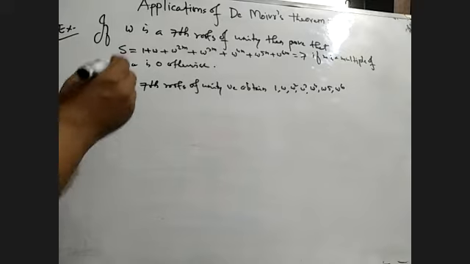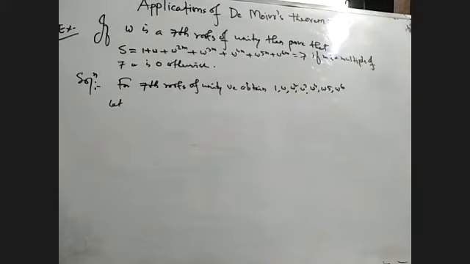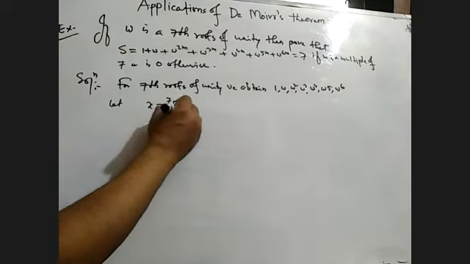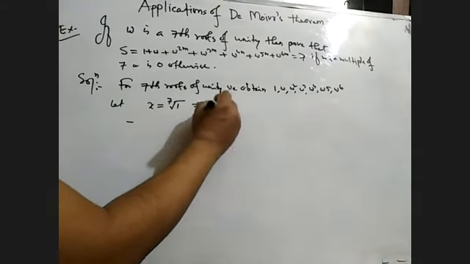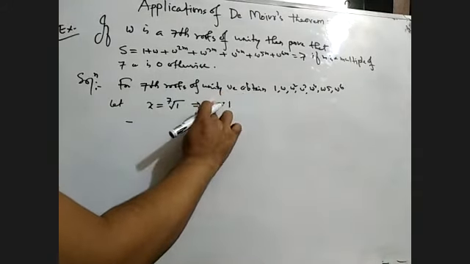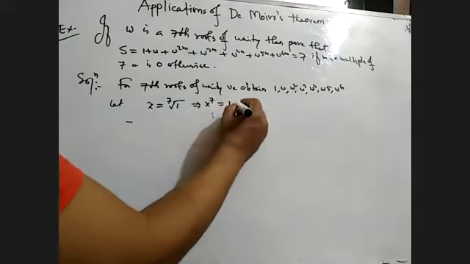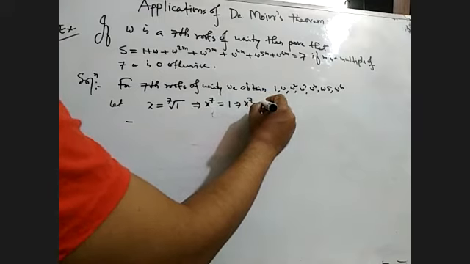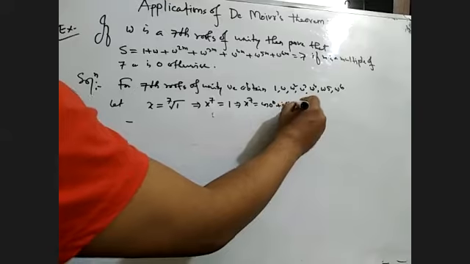So for the seventh roots of unity, let x equal the seventh roots of unity, or x to the power 7 equals 1. And this can be written as cos 0 degree plus i sine 0 degree.